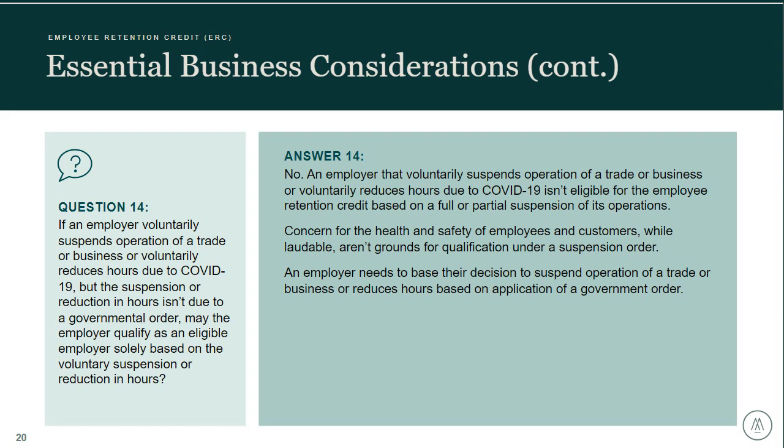And I think we saw this from a number of businesses: out of an abundance of caution for their employees and customers, and that's a good thing, it may not have been the direct result of a government order, so we just want to be able to tie those things together more closely.